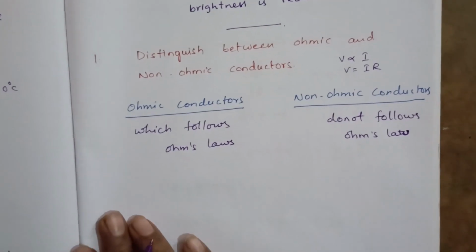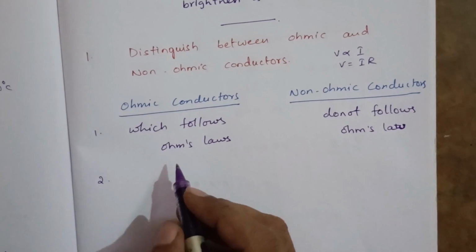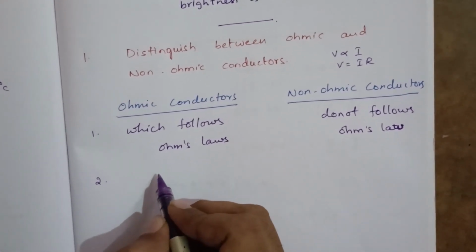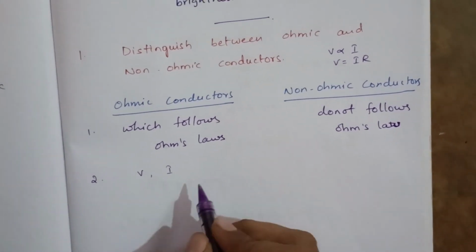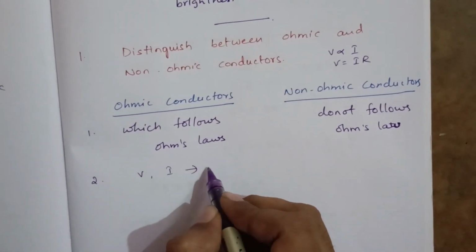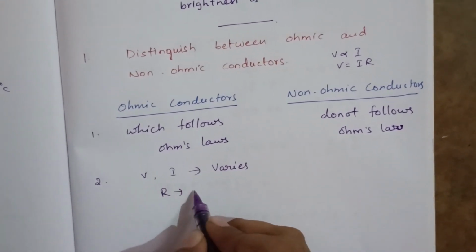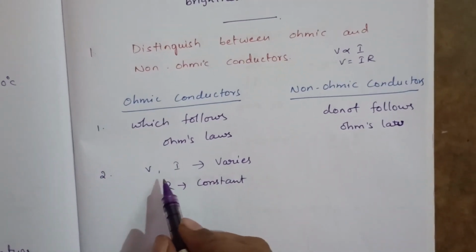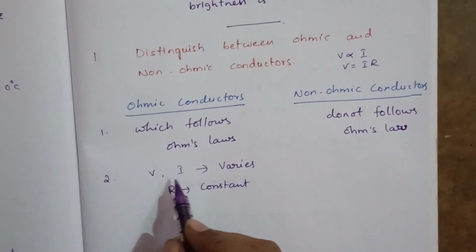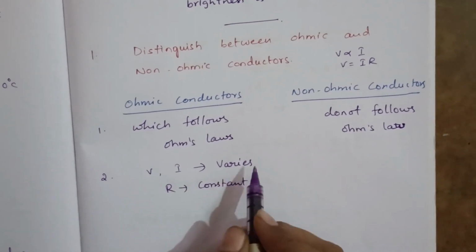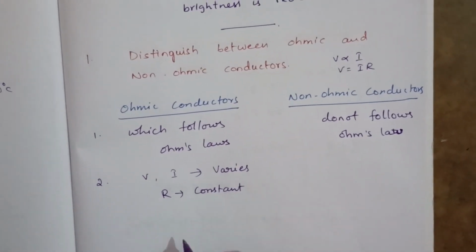Next, in ohmic conductors, as we increase or decrease the potential difference and the current, the voltage and current vary, but the resistance is constant.